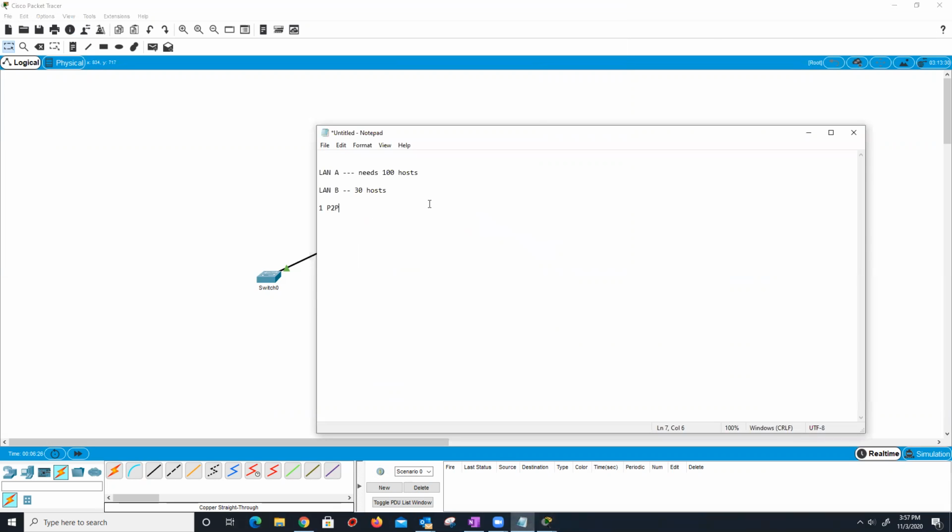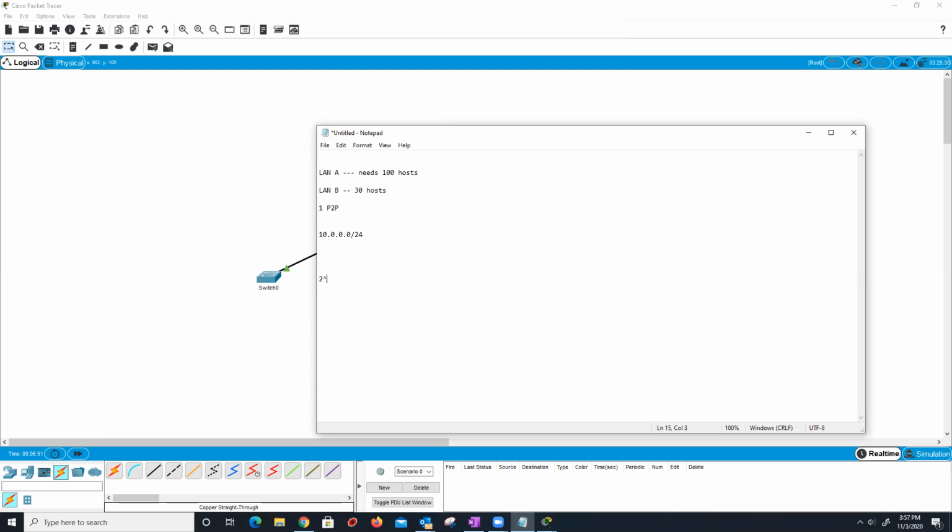So we've got the network, let's just do 10.0.0.0/24. Obviously we need 100 hosts. The first thing I do is ask how many host bits I need to leave in order to get at least 100 hosts.